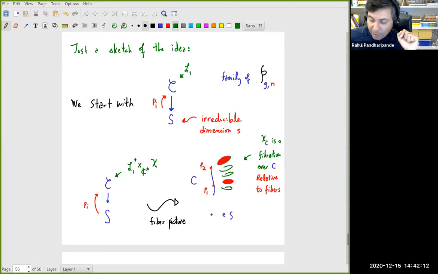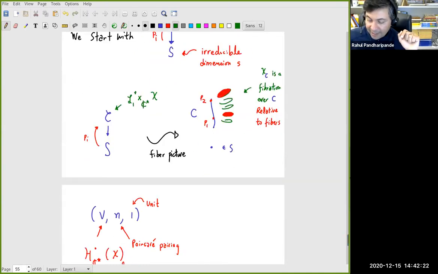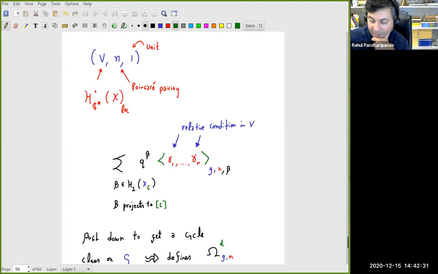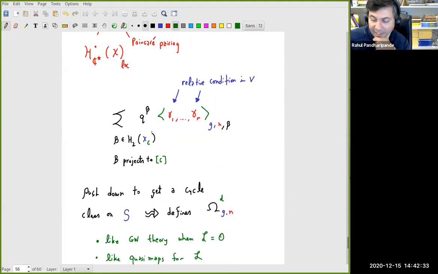And then I want to do Gromov-Witten theory for this X_C, this twisted X fibration over C relative to these fibers. And moreover, I want to look in the section class. So the space here is the equivariant cohomology of X localized, the Poincare pairing in the unit. And how do I make my CohFT?